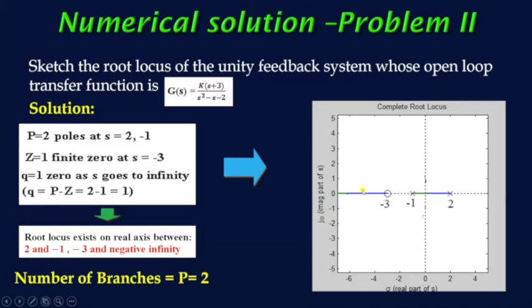Similarly, for any point beyond −3, the right-hand side poles and zeros total 3, that means 2 plus 1, which is odd. So the root locus exists on the real axis up to infinity, because there are no other poles and zeros. So the root locus exists on the real axis from 2 to −1 and from −3 to negative infinity.